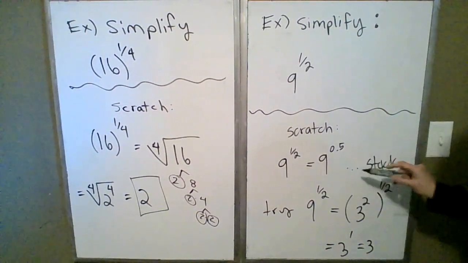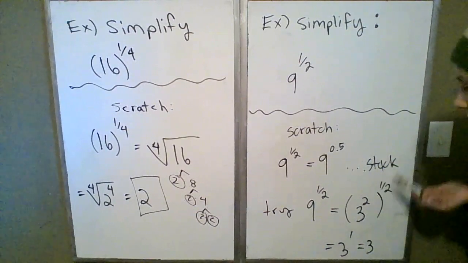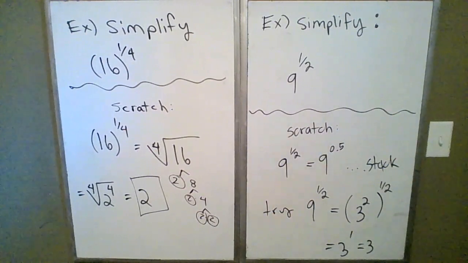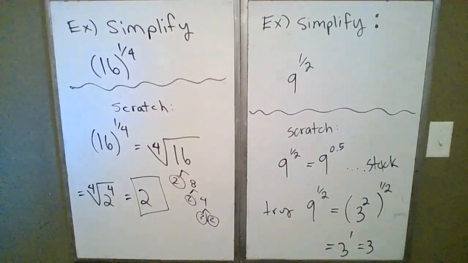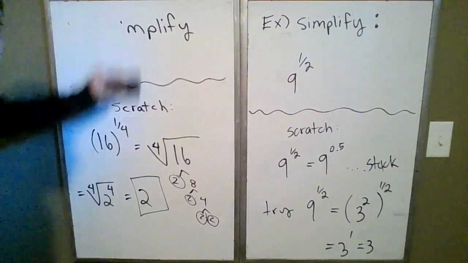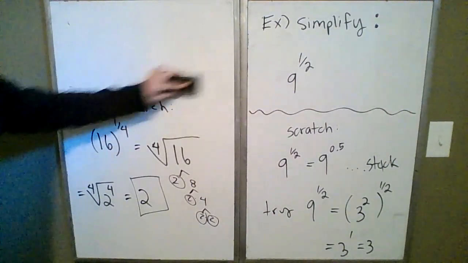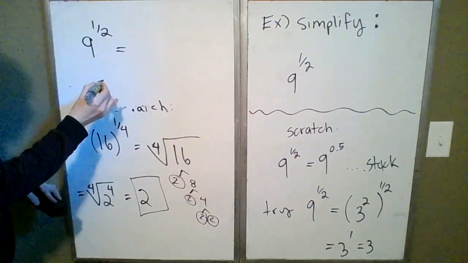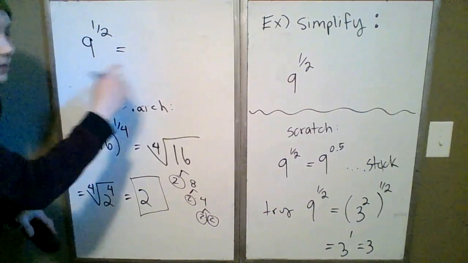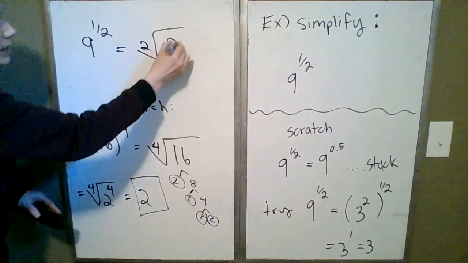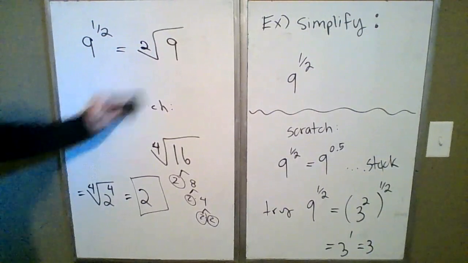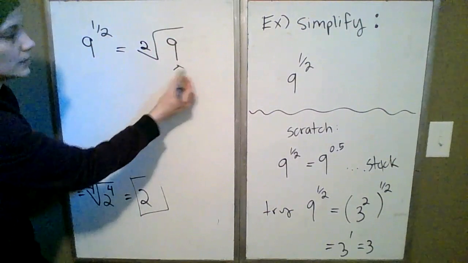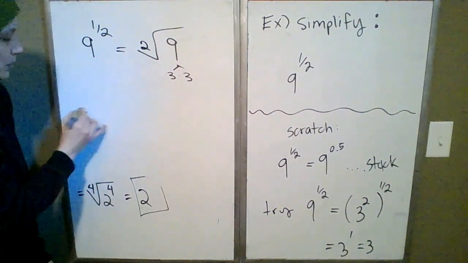This way I don't know how to continue further. Another way is the stuff I've been doing. You could take the same problem with the power and change it to a root, to get the square root of 9. I like to factor these as part of my scratch work.